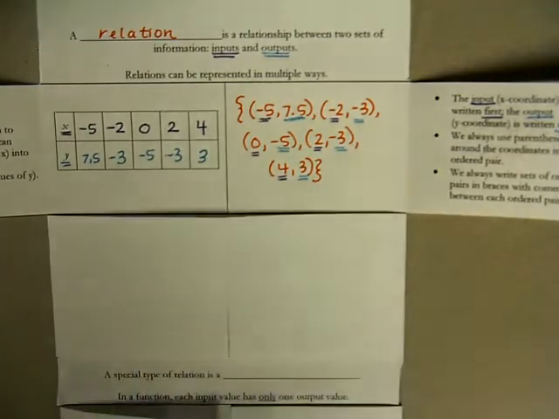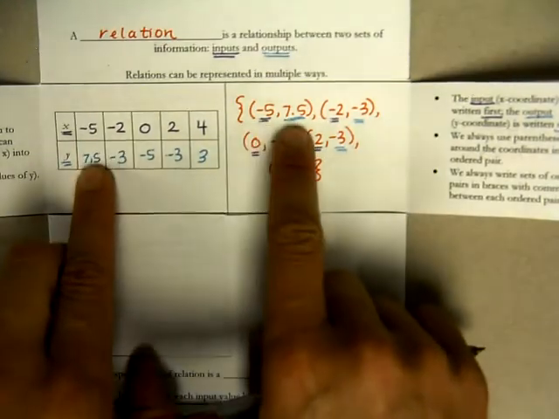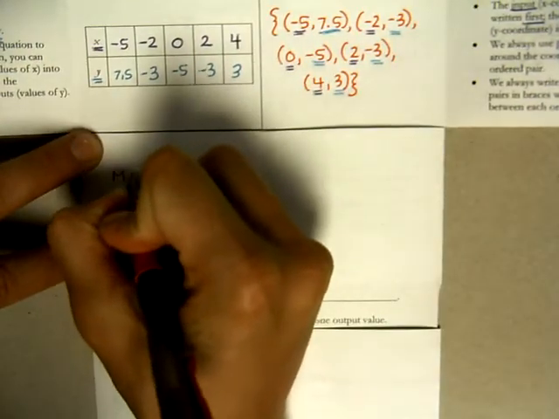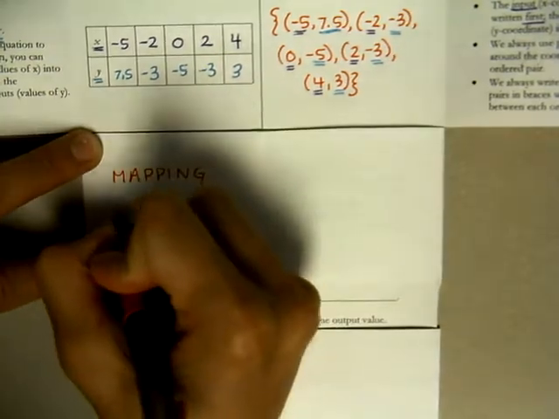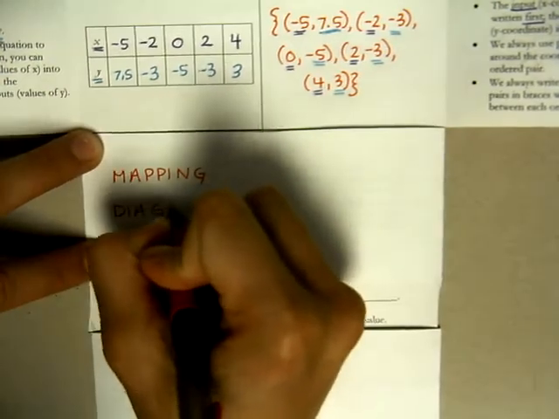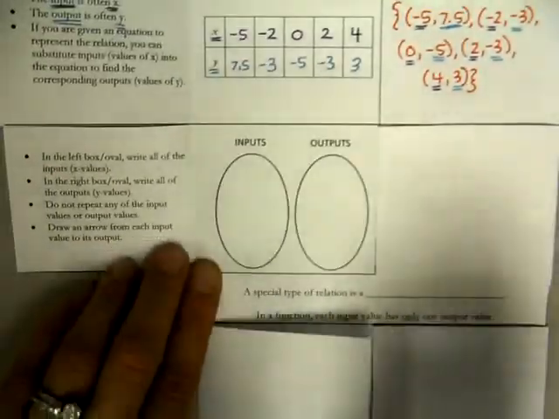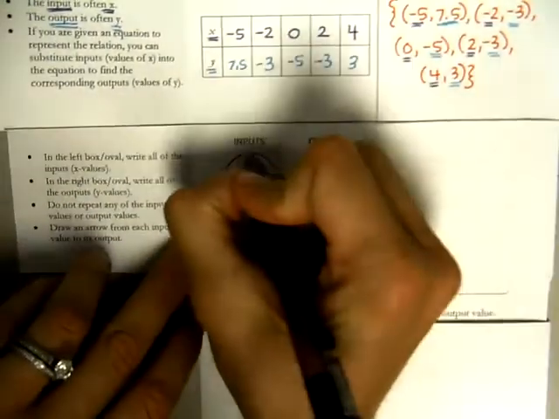Now, from points, you can also create mapping diagrams. Mapping diagrams are just a different representation for how to connect the input to its output. So we'll go down here and write mapping diagram. We don't often see mapping diagrams in mathematics, so this may be new to a lot of us. In mapping diagrams, the left box or oval has all of the inputs.